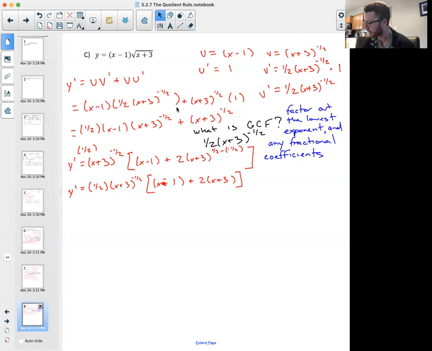Okay. So at this point here, we can distribute this 2 inside. So we'll just have x minus 1 plus 2x plus 6, which we could simplify, right?